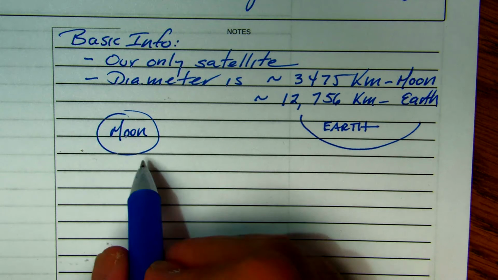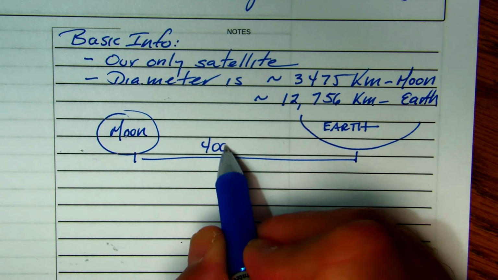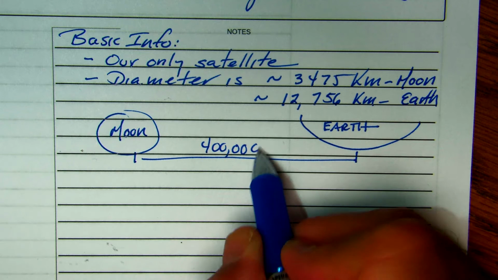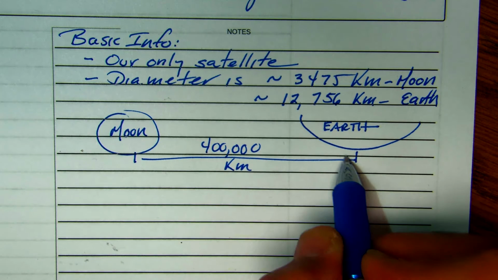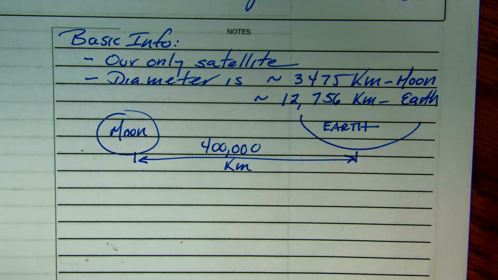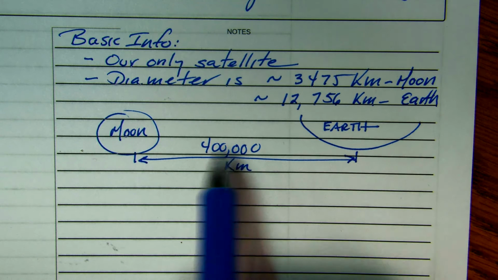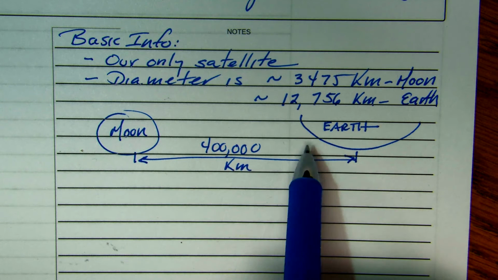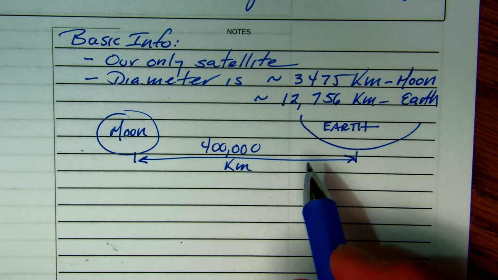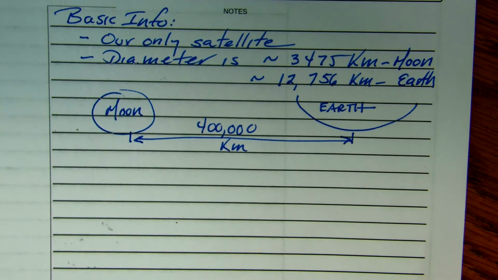And the distance between these two bodies is about 400,000 kilometers. If you remember, in terms of some of the astronomy understanding and conceptions, you can fit about 30 Earths between the Earth and the moon. So it's a pretty long distance. 400,000 kilometers is a reasonable distance.